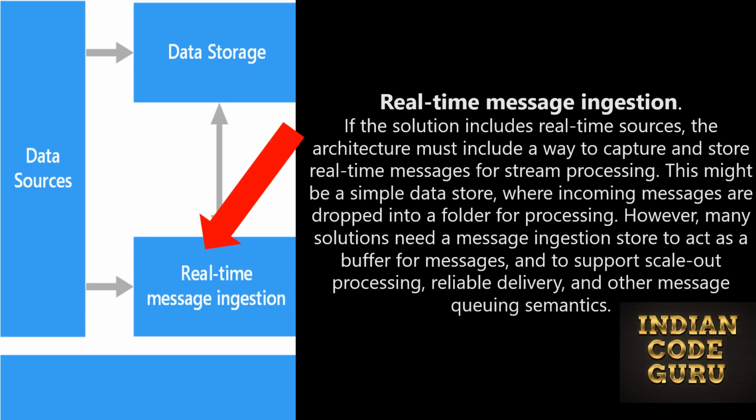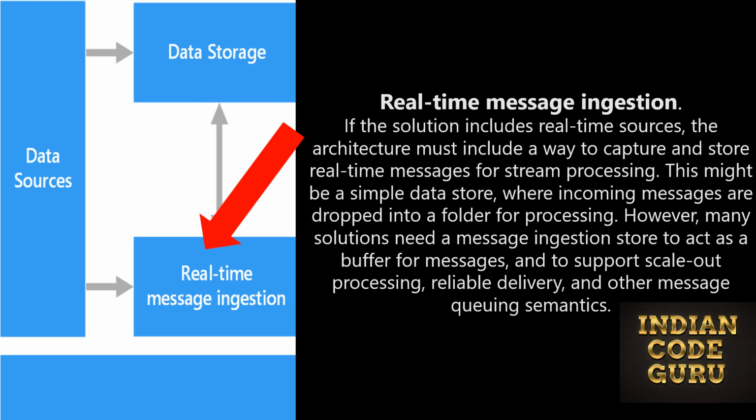Real-time message ingestion. If the solution includes real-time sources, the architecture must include a way to capture and store real-time messages for stream processing. This might be a simple data store, where incoming messages are dropped into a folder for processing.